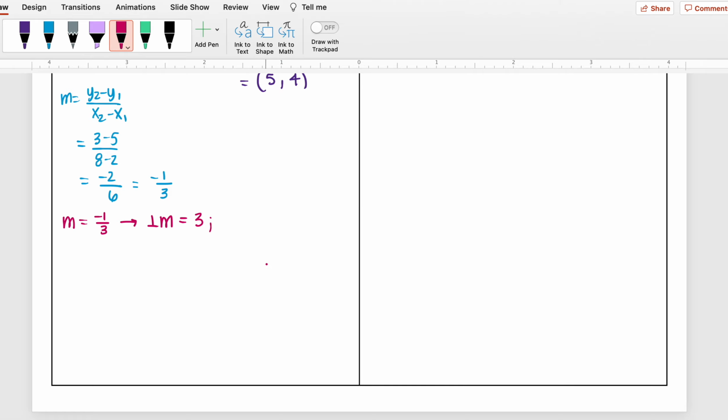And now I need to write the equation of this line. And so I know the slope is going to be 3, and then I know it needs to go through the point (5, 4). So I'm going to use my point slope form.